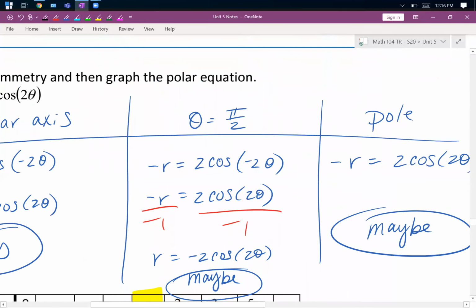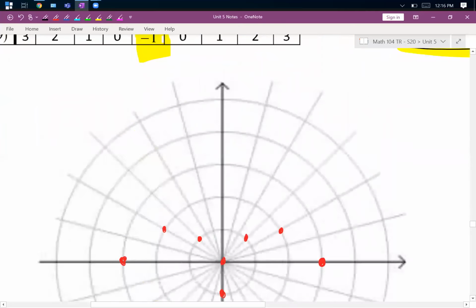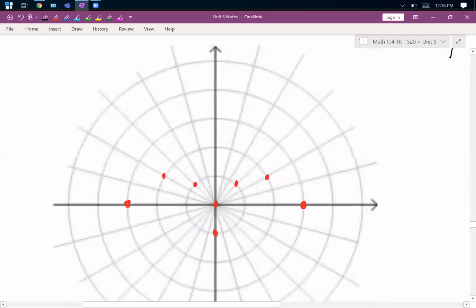Is that just what we always go to? That's always what it is. That represents the y-axis, because where is pi over 2? Right here, right? So that coincides with the y-axis. So that's just the y-axis in polar coordinates: theta equals pi over 2. Anybody else?